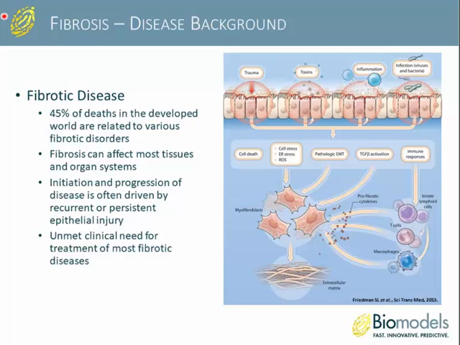And so fibrotic disease is generally initiated, progressed, and often driven by a recurrent or persistent epithelial injury. And this injury can present as trauma to the tissue, the exposure to various environmental toxins, can be due to chronic or acute inflammatory conditions, and also be due to an infection from specific microbes.